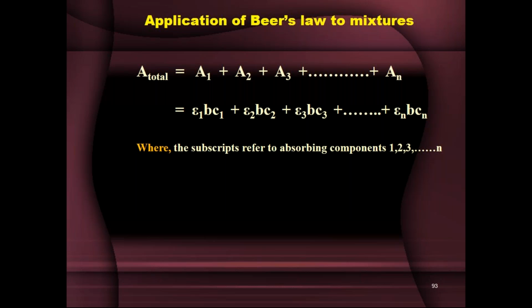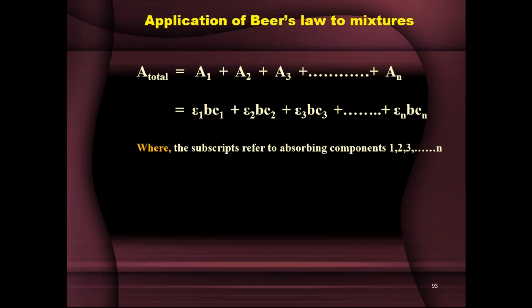It depends upon how many substances are there in the mixture. Each of them will have its own absorbance, and the sum of all those absorbances gives you the total absorbance of the solution. This is of course true, and you can use this equation provided there is no interaction between the individual components.